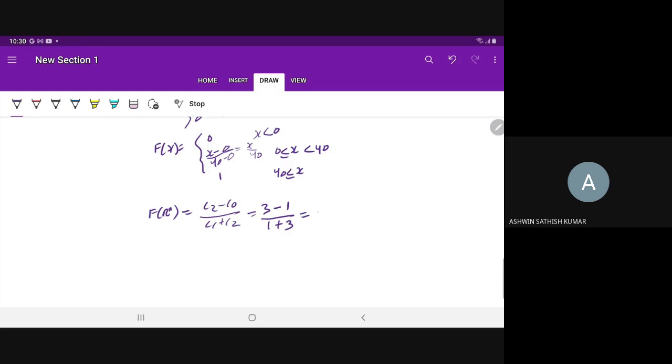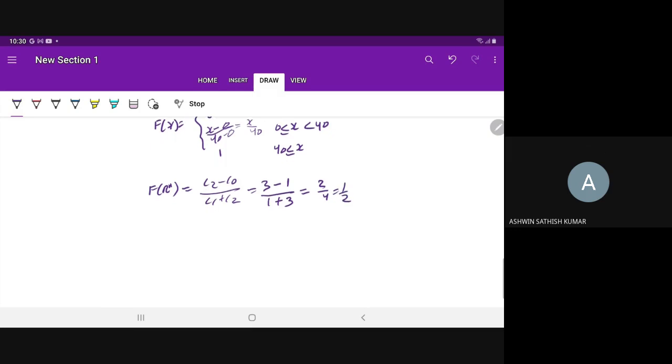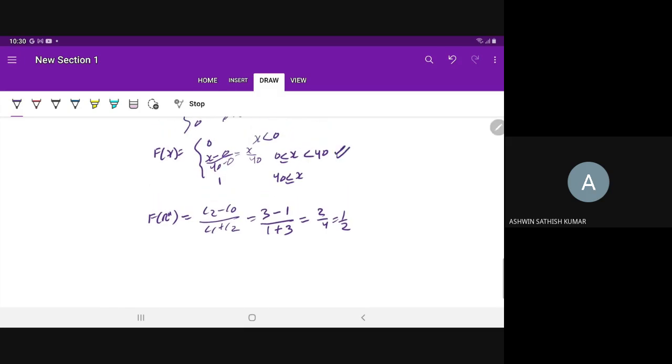So it will come 2 upon 4, that is 1 by 2. And what is F of R star? From the CDF, we can write it as R star upon 40. So R star upon 40 is equal to half. This implies that R star is equal to 20. Here the optimum desired inventory level is coming as 20.